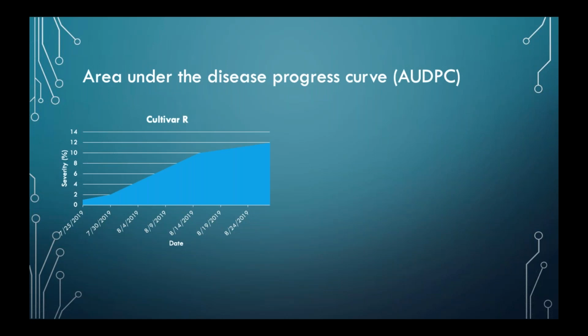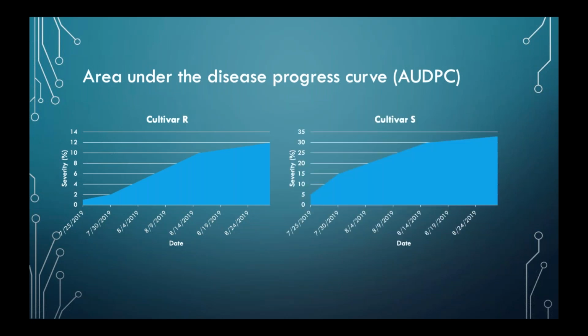So here's cultivar R, we'll say that's cultivar resistant, and then we have our cultivar S, which is susceptible. You can see severity-wise that cultivar R did not have very high levels of severity across this period, though S certainly did. So that's why we're calling it susceptible.